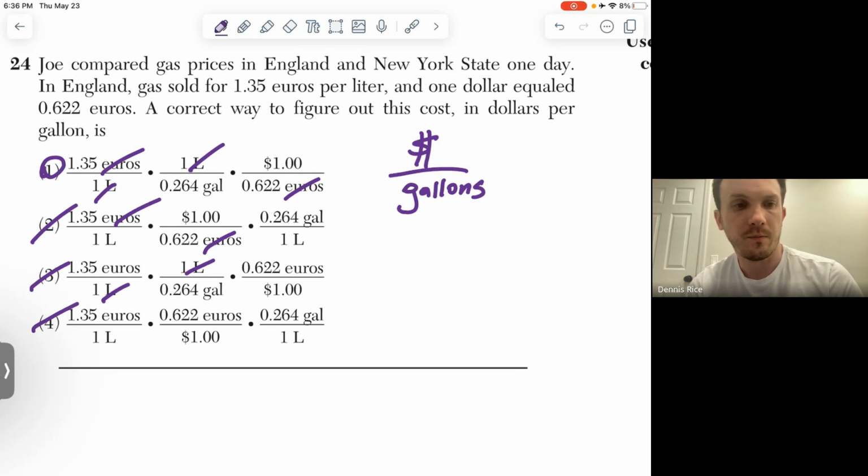Okay. If you're curious, what are these proportions coming from? It's kind of like a sixth grade topic of proportionality. If one liter is 1.35 euros, and this is the conversion between dollars, so it deals with proportionality, but it's easier just to cancel out your units.